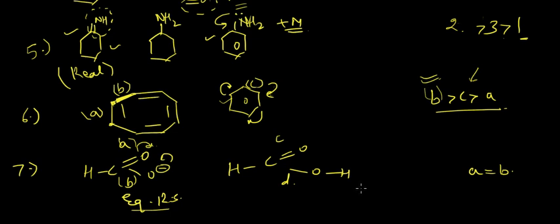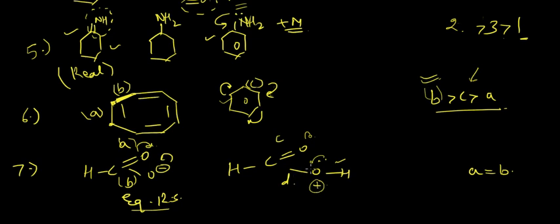Okay, now we have to compare between D and C. So you can see that although the lone pairs are actually involved in resonance, we will get a positive charge on this oxygen atom, due to which although it would show some resonating structures, it would not show them to the extent it should, because in the resonating structure this oxygen atom gets a positive charge, which makes it slightly unstable to have a positive charge on itself, because it is an electronegative element.